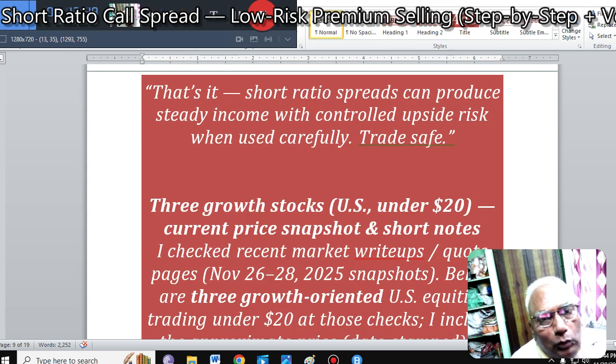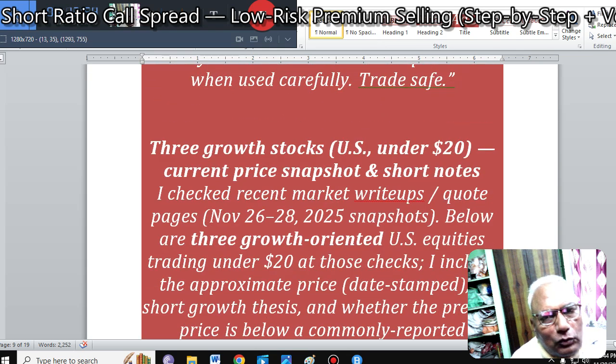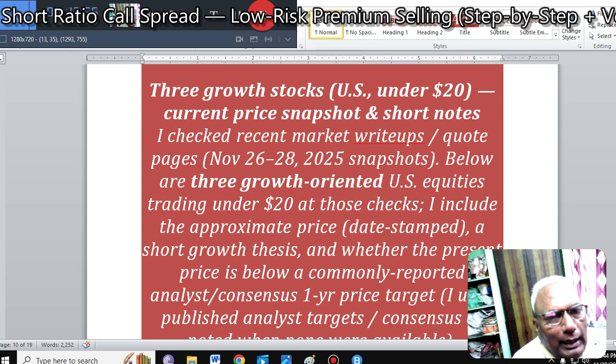3. Growth stocks. Use under $20 current price snapshot and short notes. I checked recent market write-ups and quote pages, November 26 to 28, 2025 snapshot.